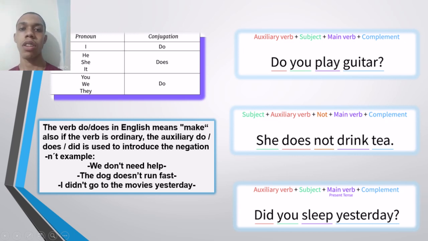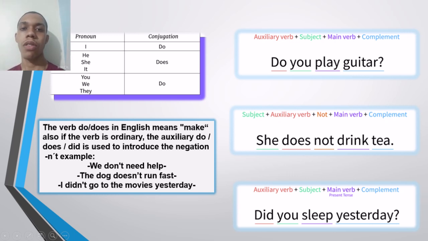Another use of do, does, did is three, to answer a question. When you ask a question using do, does, did as an auxiliary verb, it is answered in a short way. Say yes, I do, or no, I don't.